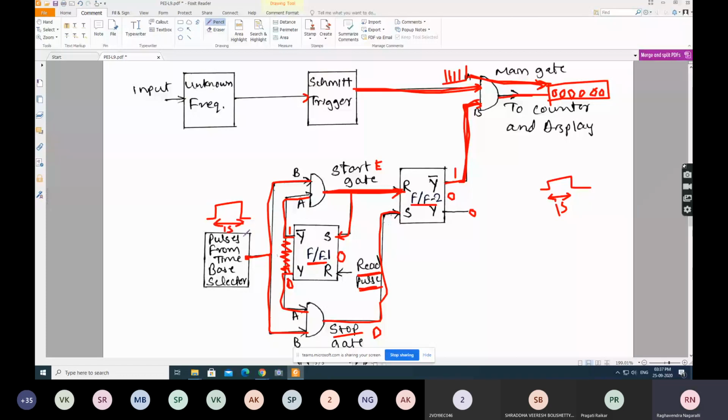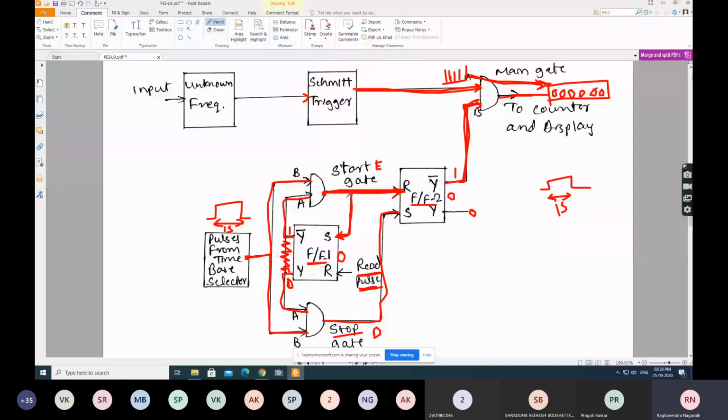So that kind of pulses are emitted continuously by the time-based selector.